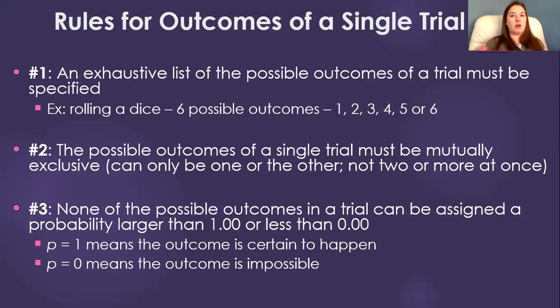In all of the examples we'll look at, the probability is somewhere between 0 and 1. If you flip a coin, you have a 50% chance of getting a heads, so that probability is 0.5. If you roll a die, you have a probability of rolling a 6 of 1 out of 6. 1 divided by 6 is 0.167. So all of these probabilities are between 0 and 1.